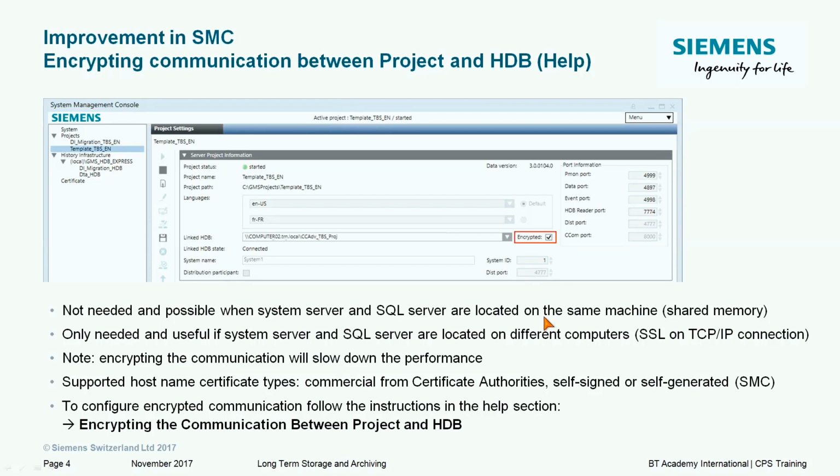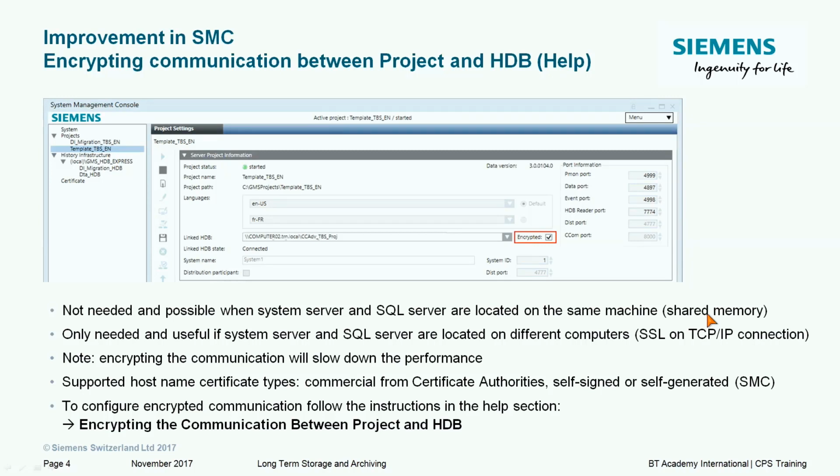Why? We are using the shared memory feature to share the information. We are using the RAM on the same machine to share the memory. So encrypting is not possible and not needed.